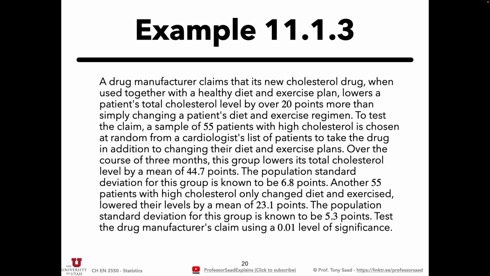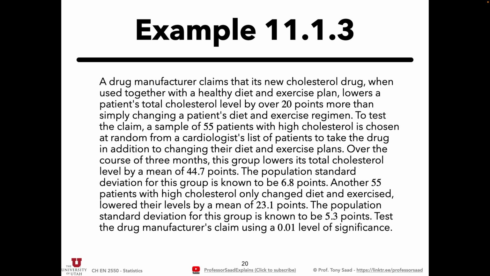Okay? So to test the claim, a sample of 55 patients with high cholesterol is chosen at random from a cardiologist's list of patients to take the drug, in addition to changing their diet and exercise plan. So they tell all of them, change your diet and exercise plan, and some of them are going to take the drug, and then we're going to compare.